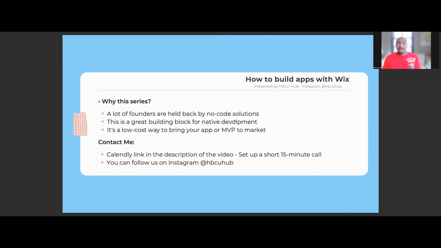As you start working with low code solutions and becoming more integrated with them, you start to find the similarities between some low code solutions and native solutions as well. These are just the building blocks towards that. And lastly, it's a low cost way to bring your app or MVP to market. If you have a prototype that you're looking to create to show some friends or some potential investors or even a professor, low code or no code solutions can be a great way to do that. And building apps with Wix is just how to do that. And that's what we'll be discussing.